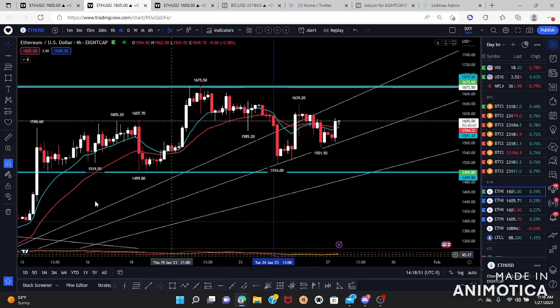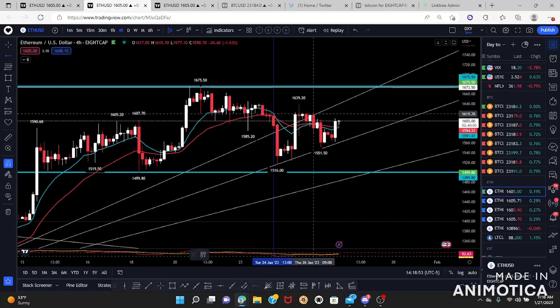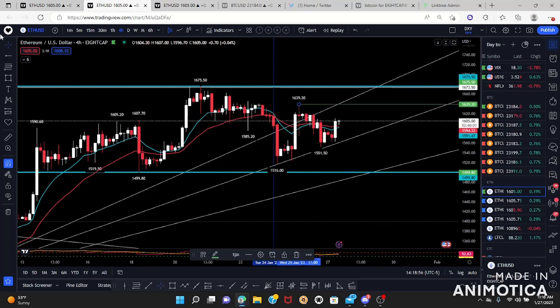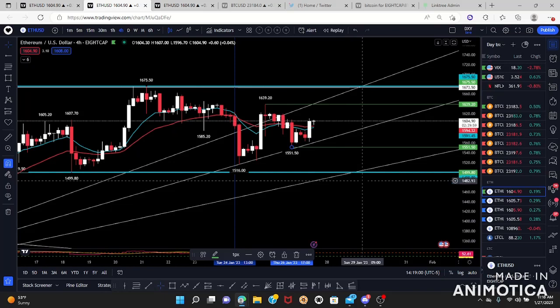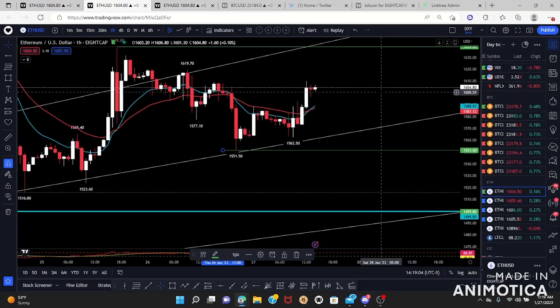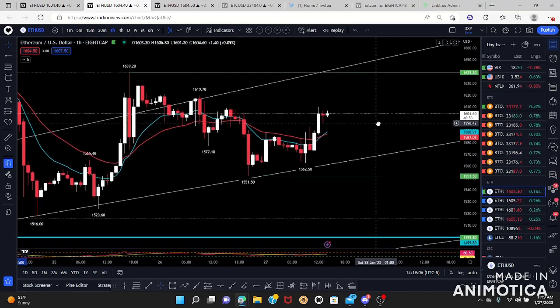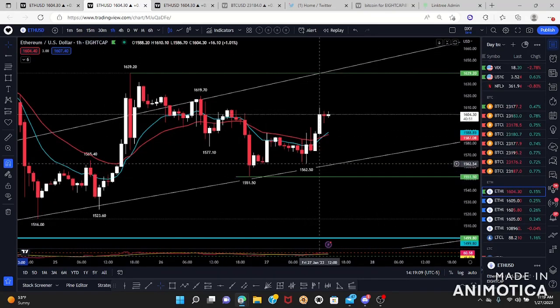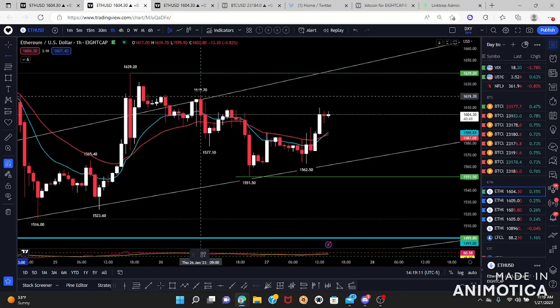So this is our 4-hour high. Four-hour low. Coming closely. This is our hourly high.